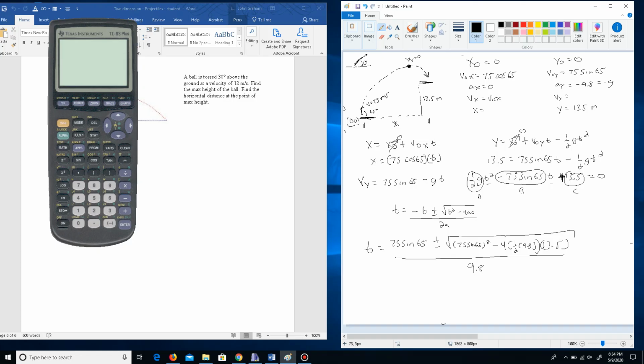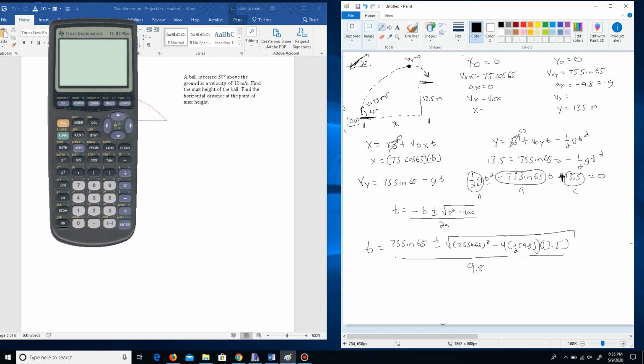You shoot it off, and there's a spot where it can come back and hit the x-axis. It'll be very small, very short. So you want the positive answer here. To make sure you get a positive answer, since this is positive, if you add this, you'll end up with a positive answer. So this part should be higher than this.